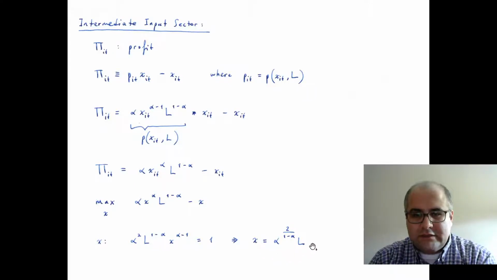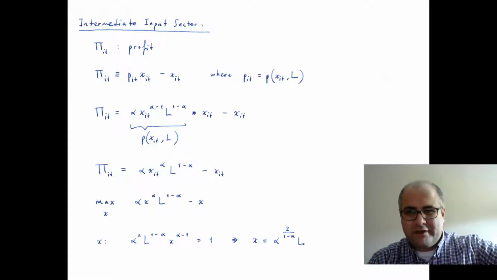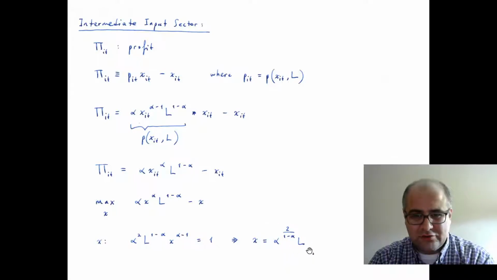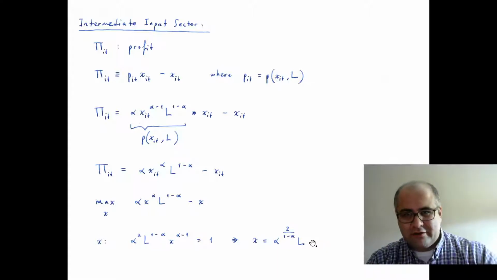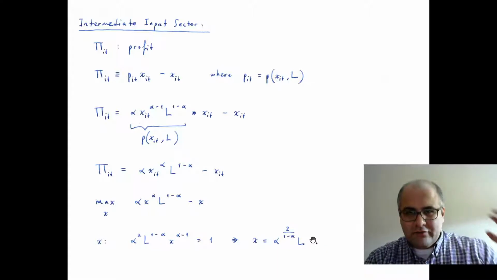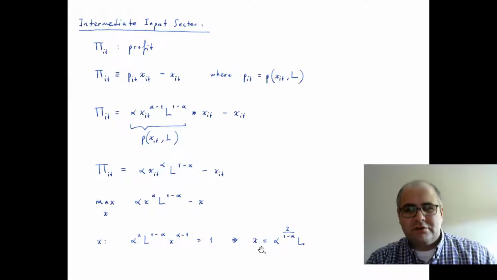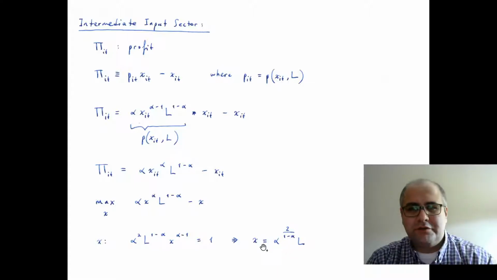Now, what we see here is that L is given for each machine, right? So there's this final goods sector that employs L units of labor. We see that the solution is actually symmetric. And it's also important that if the final goods sector is getting larger and larger, these local monopolies produce larger amounts of intermediate inputs.